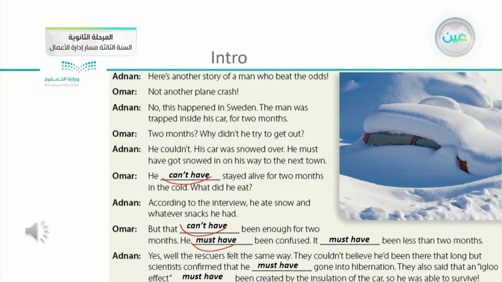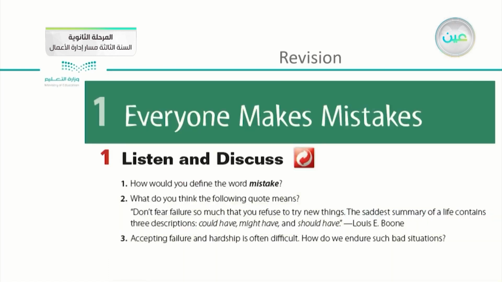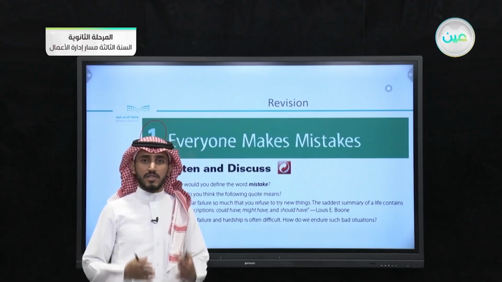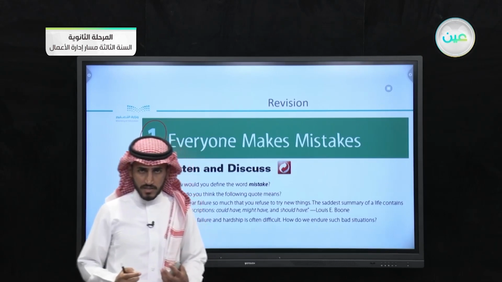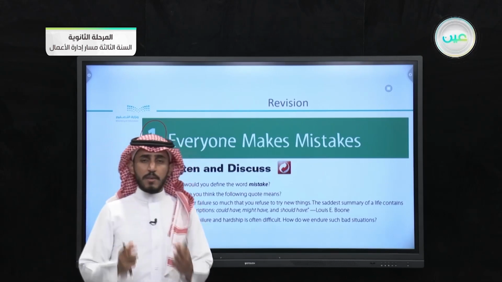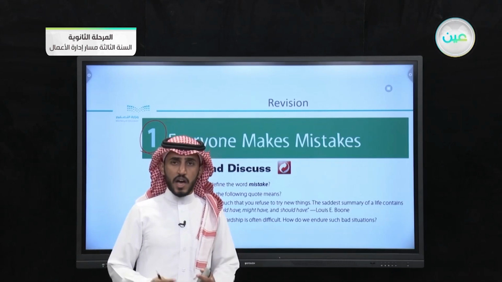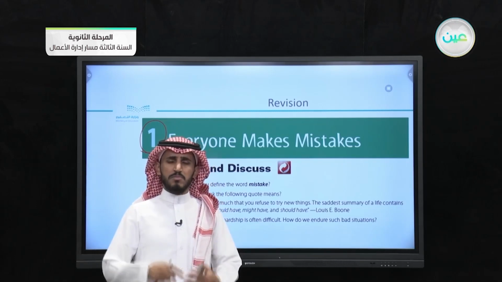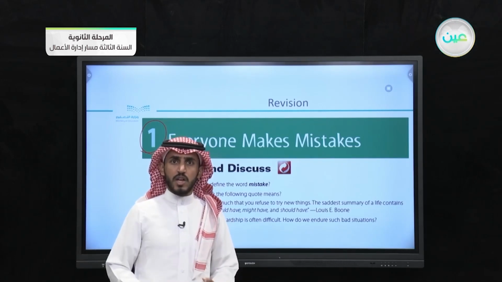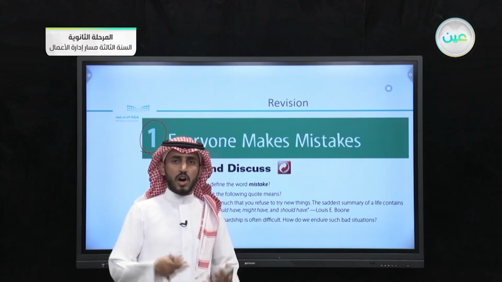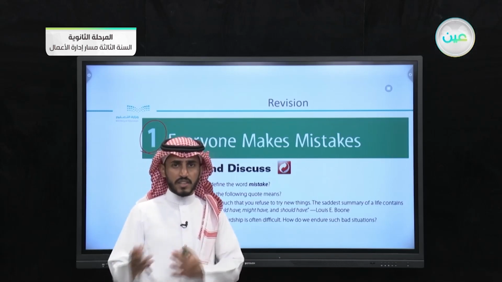Today we are starting the first unit and the first lesson in this book. The first unit is Everyone Makes Mistakes. Mistakes means the errors or the wrong doings, or not the correct things.